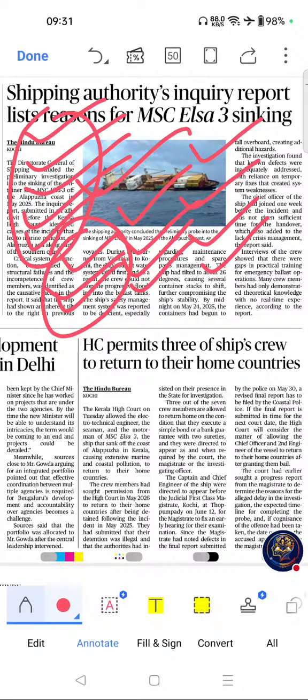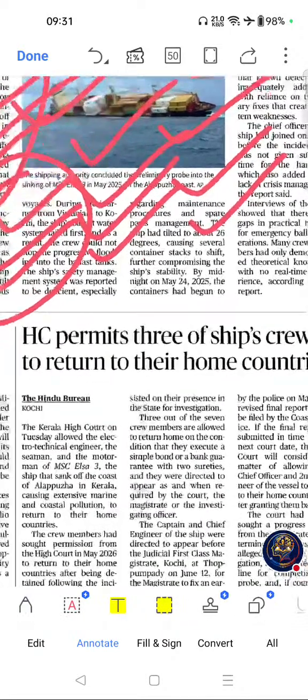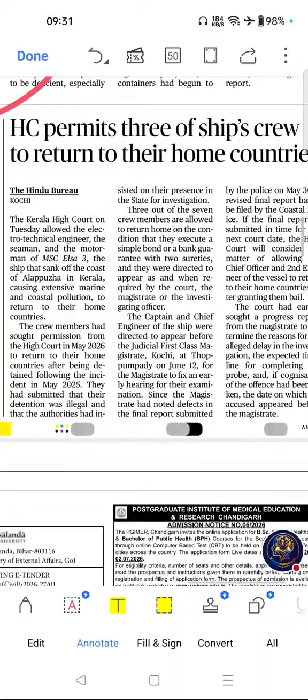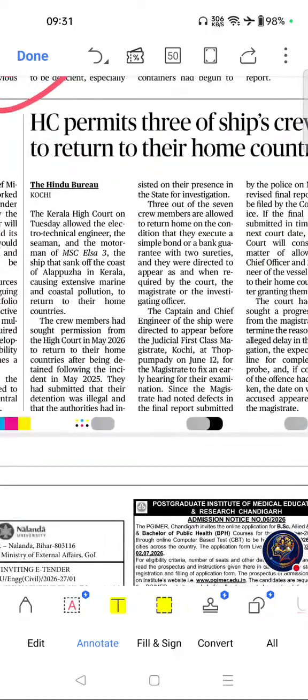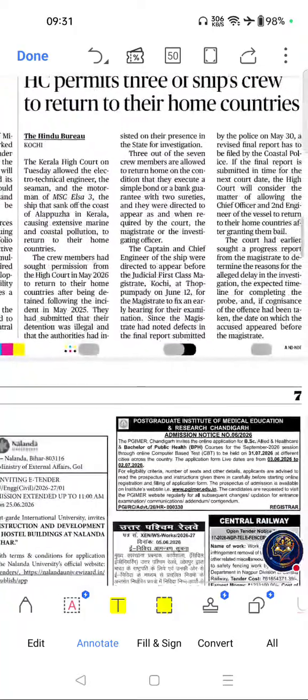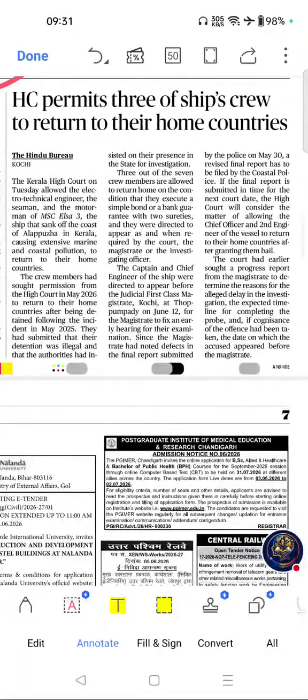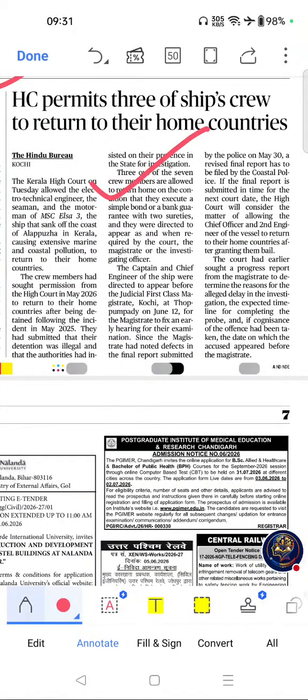Next, move on to next important article from this page. Was this? High Court permits 3 of ship's crew to return to their home countries. If you see the importance of this article, maritime law is increasingly relevant for UPSC.